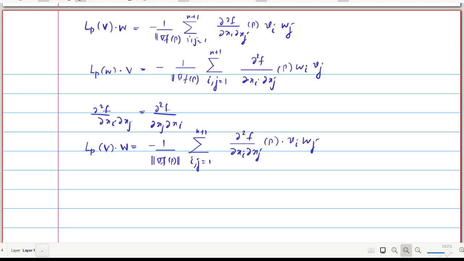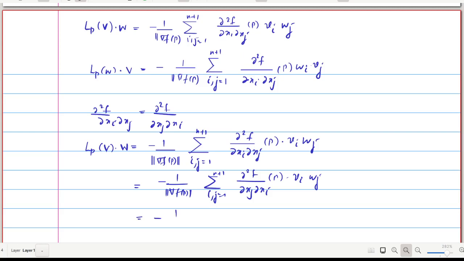So this is the first equation. So that is equal to minus 1 by norm del f of p, summation i comma j equal to 1 to n plus 1. We write this as dou square f by dou xj dou xi, because both are the same, of p, vi wj.